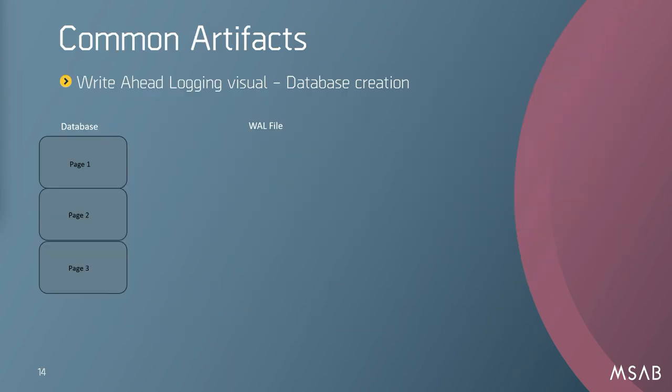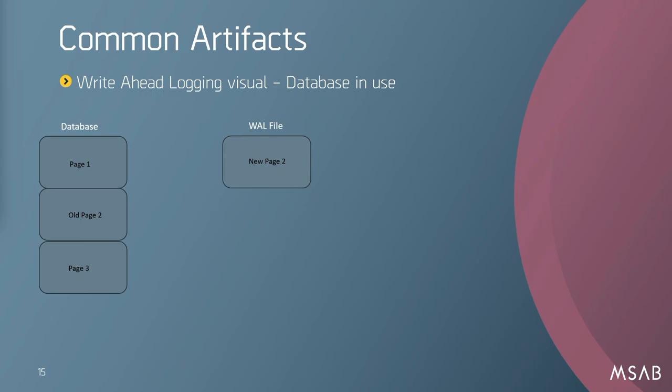So just a visual representation of the write-ahead log in play. When we first create a database, we've just got a .db file or whatever extension it's got. It's made up of its pages. And then what happens when we start working with that database file is that it receives a write-ahead log file. And any changes that we make are then contained in the write-ahead log file.